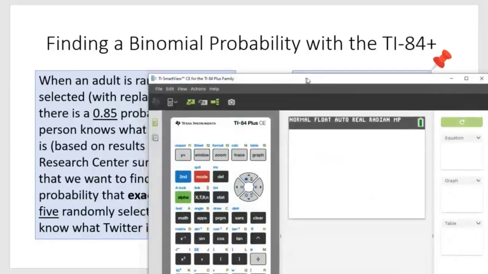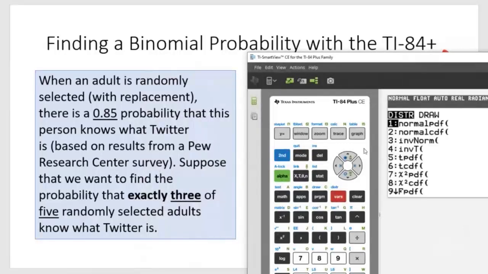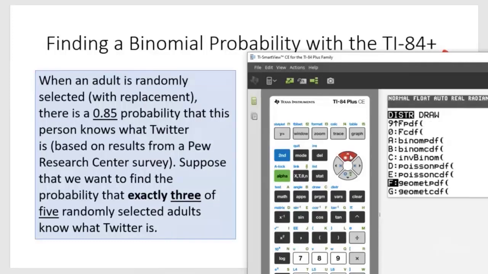So again, just to show you on here, I'm going to go to Second VARS, which really means I'm trying to find my distribution, which is binomial. And you can go up or down. You see you have 2 binomial ones, so look very closely at these. And I'm going to go with P because this is a particular value. So I want the binomial PDF.